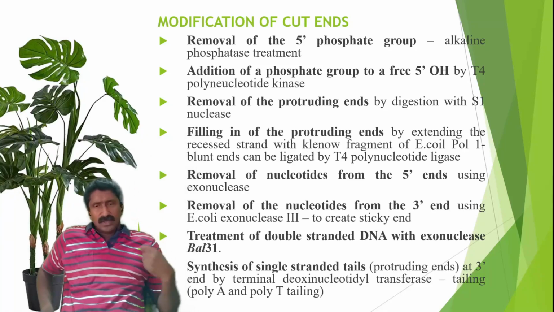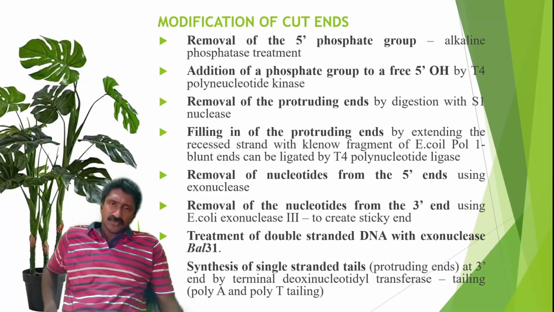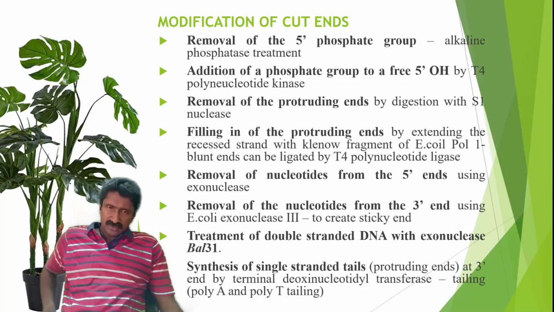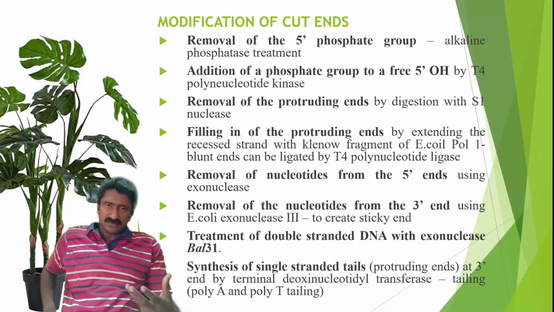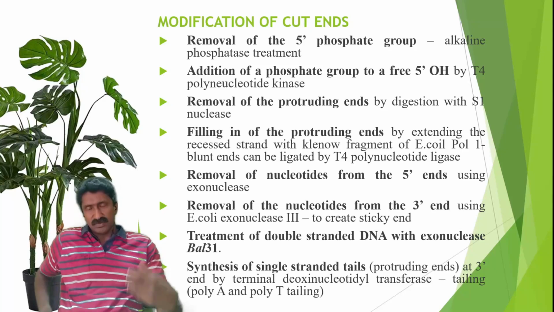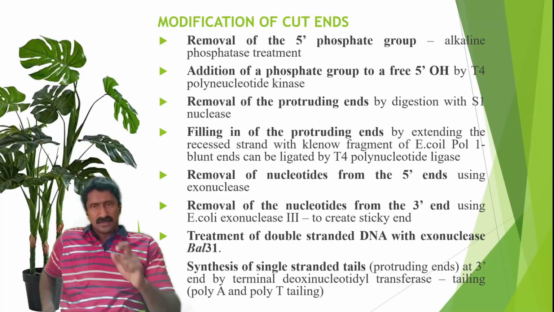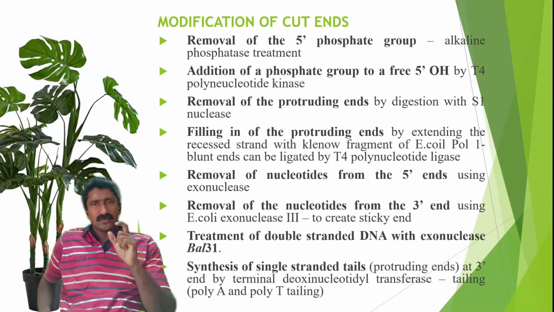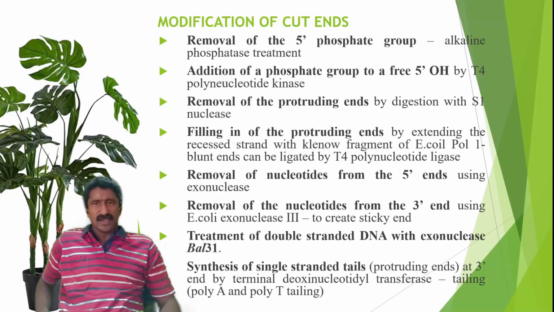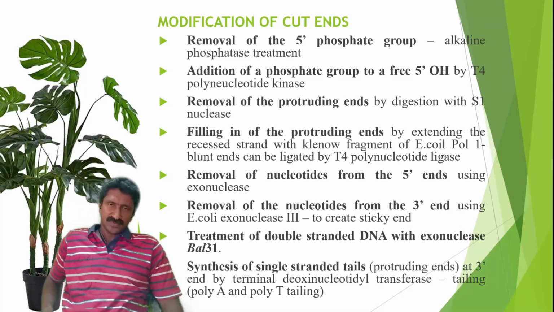Okay. Clear. Now we will see some of the modifications of these cuttons, how these cuttons can be used for manipulating your DNA so that it will be useful in genetic engineering. The first modification to the cutton is removal of the 5' phosphate group by alkaline phosphatase treatment.